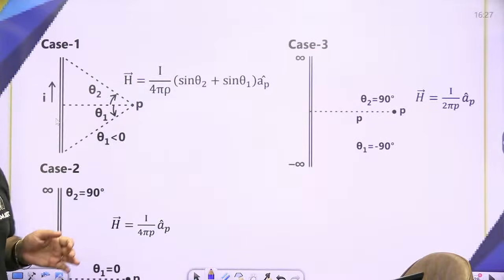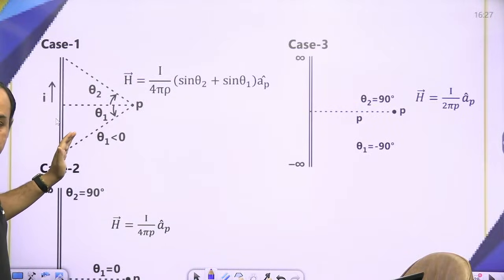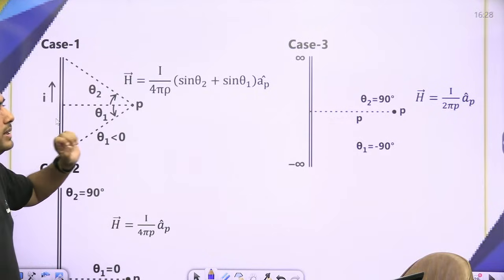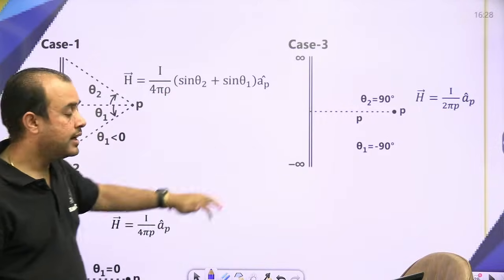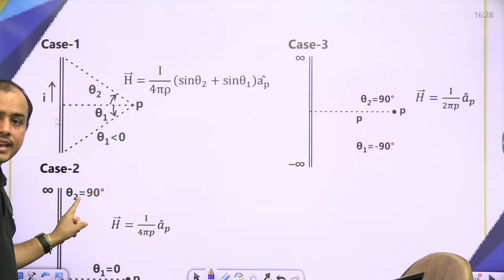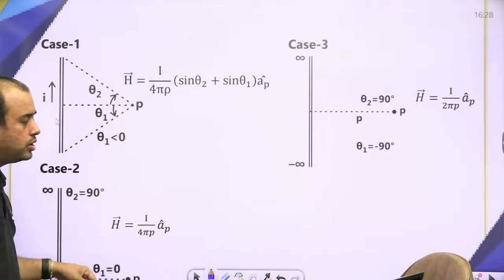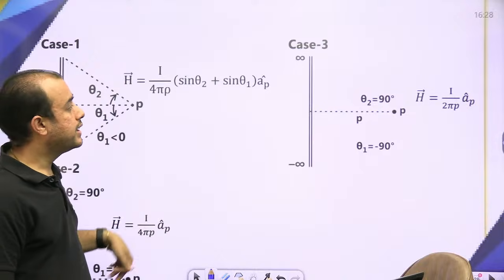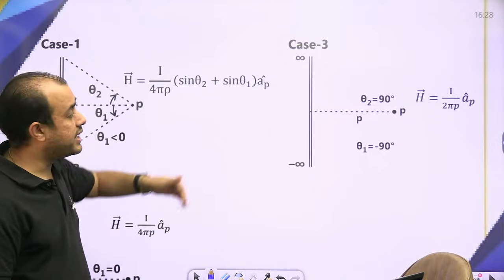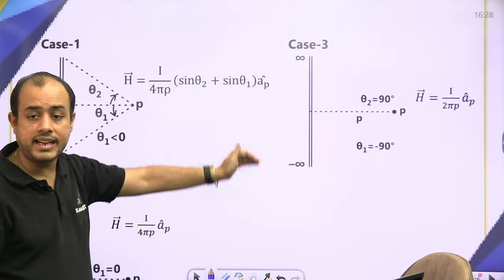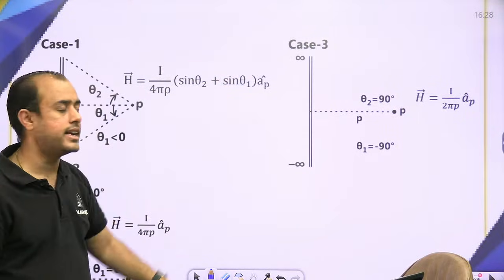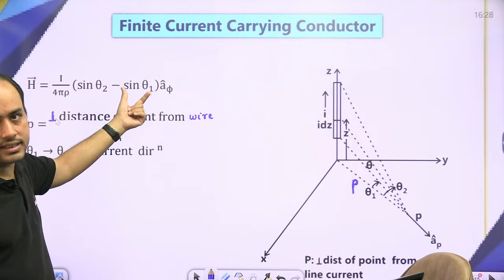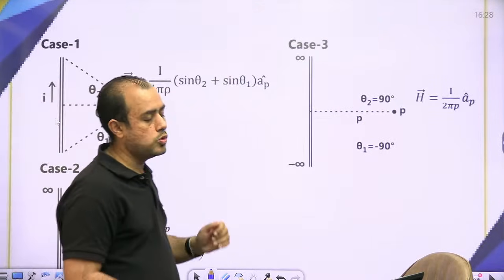Now, if one end of the wire is below the xy plane, that is in the negative z, theta 1 will be negative, so minus minus plus. Semi-infinite: if one angle is 90 and the other angle is 0, so sin 90 minus sin 0, the field is I by 4 pi rho. Infinite wire: if one angle is 90 and the other is minus 90, one end is at plus infinity and the other at minus infinity, so sin 90 minus sin of minus 90 gives 2, and the field is 2I by 4 pi rho, that is I by 2 pi rho.